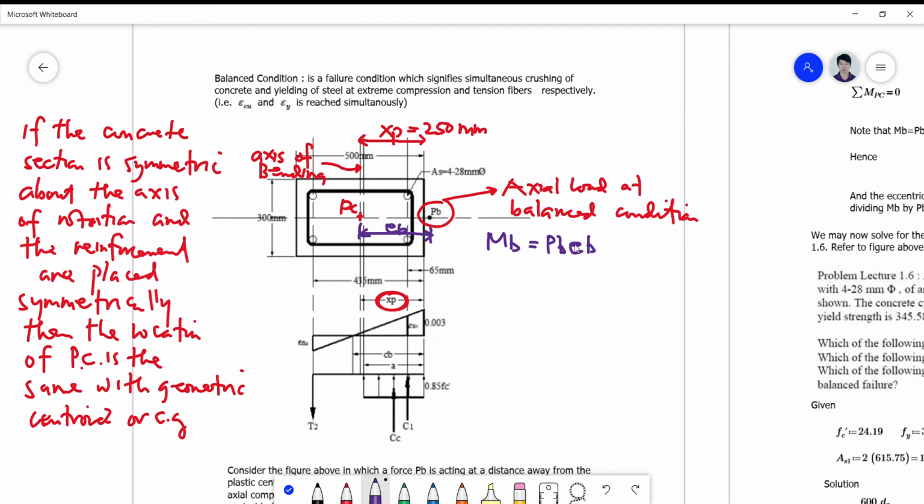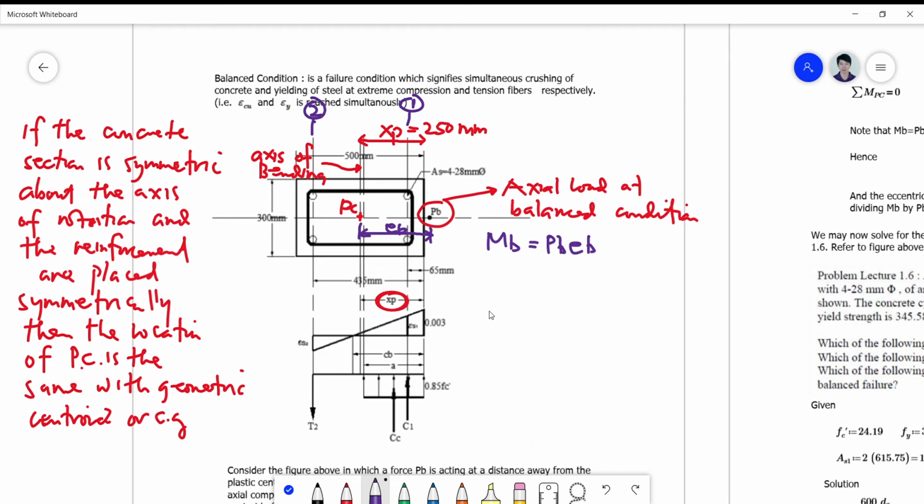Also, we have to identify the location of the reinforcement at each layer of bar or level of steel bars. And we have here, in terms of the axis of bending, two layers. So we have here a layer 1, okay, from the centroid of that bar, and a layer 2 from the centroid of that bar.